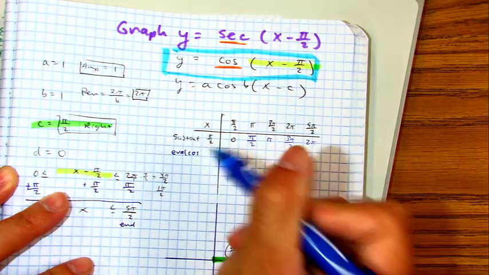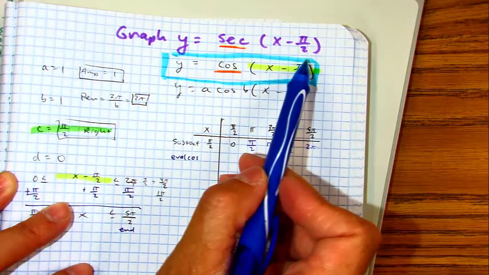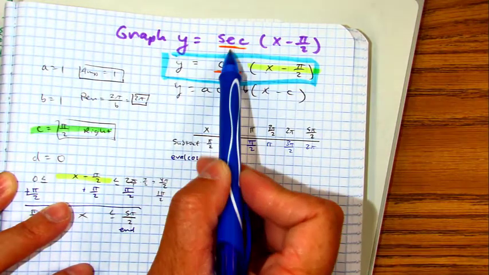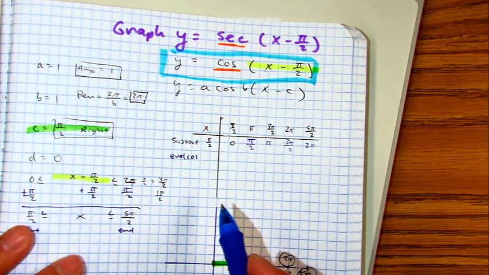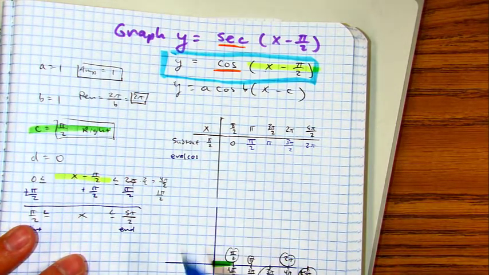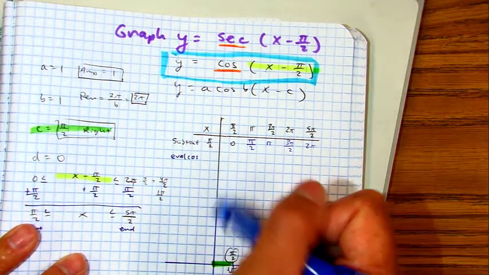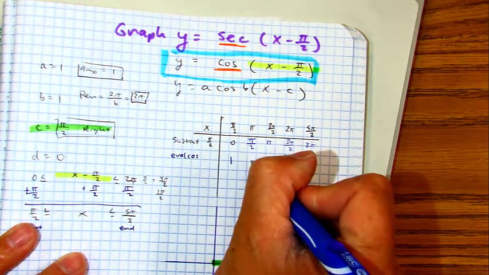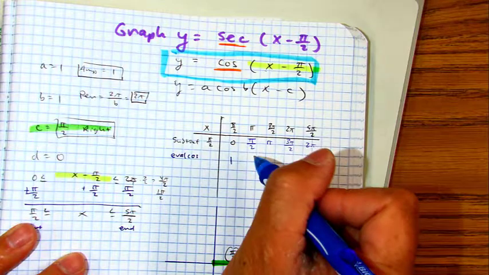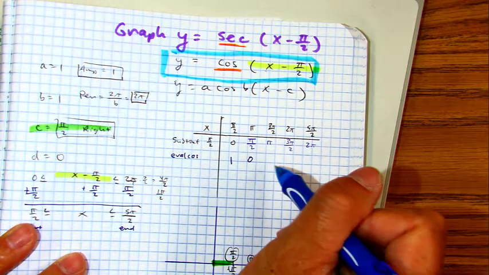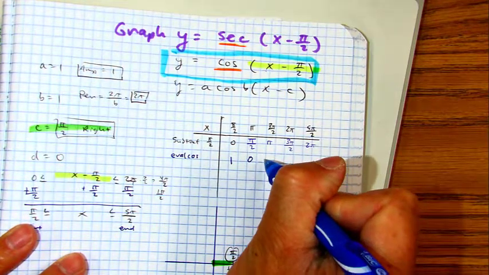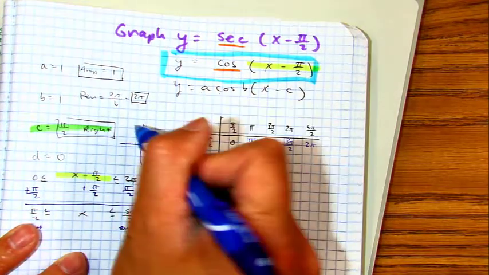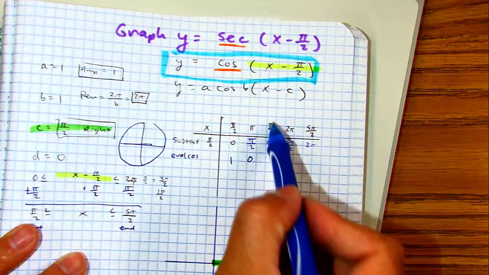If you have not done so already, put a huge blue box around the reciprocal, right? Brian, what is cosine at 0? Pi over 2? 0. Pi? 3 pi over 2?